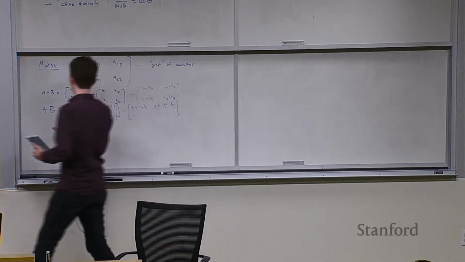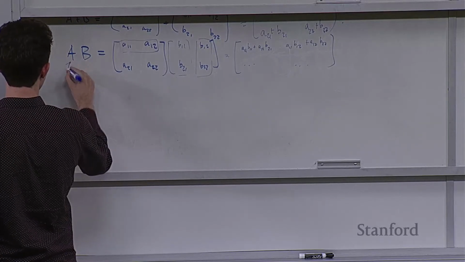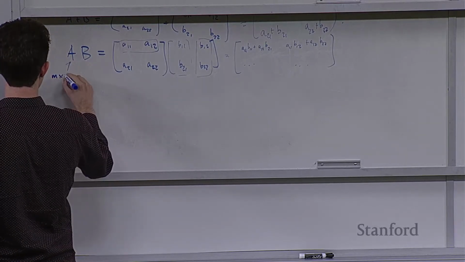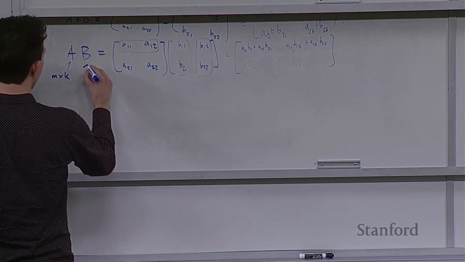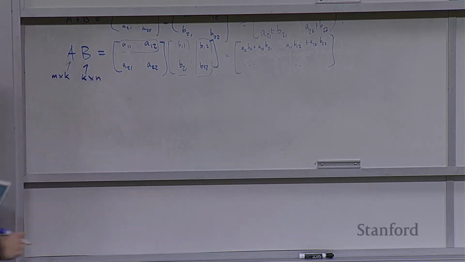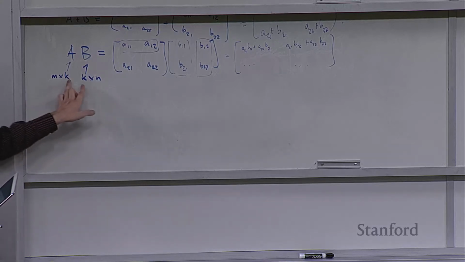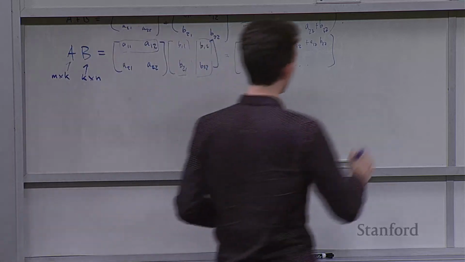So the way we notate that is if A has m times k as its dimension, meaning m rows and k columns, B has to have k rows and some number n columns. So the really easy way to remember this is that these middle numbers have to match up for me to be able to multiply these as matrices.